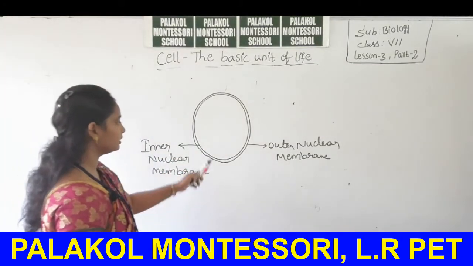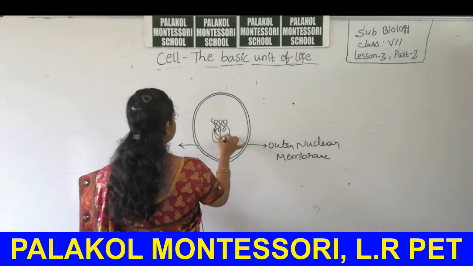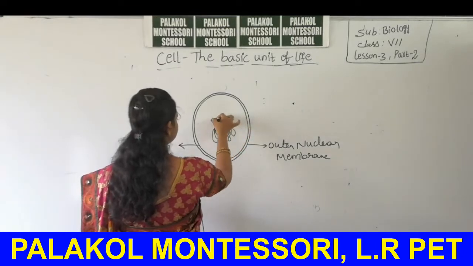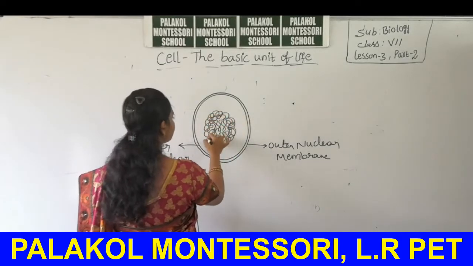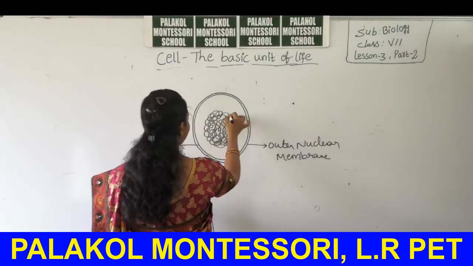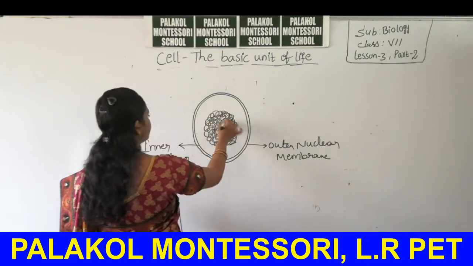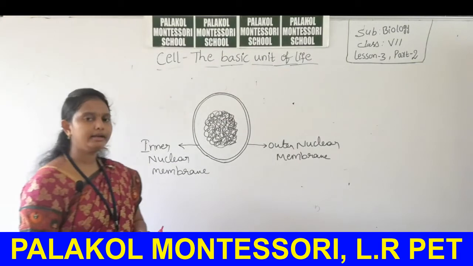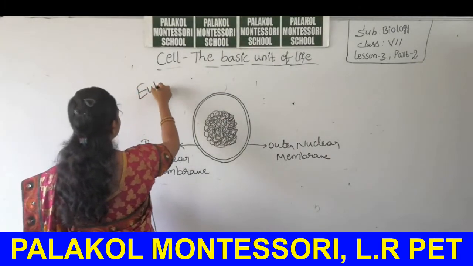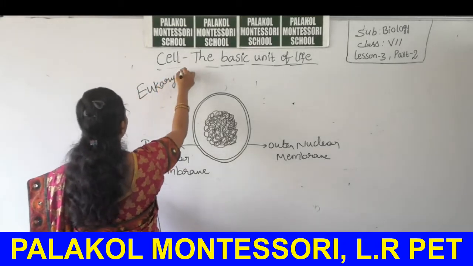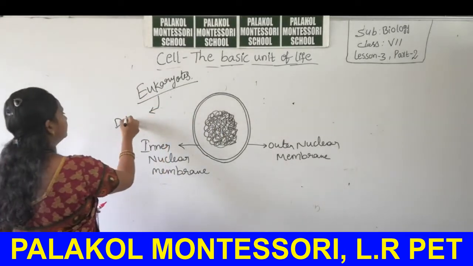Okay, inside the nucleus, genetic material is present. Genetic material may be DNA or RNA, based on the type of organism. But in the case of eukaryotic organisms or eukaryotes, the genetic material must be DNA.